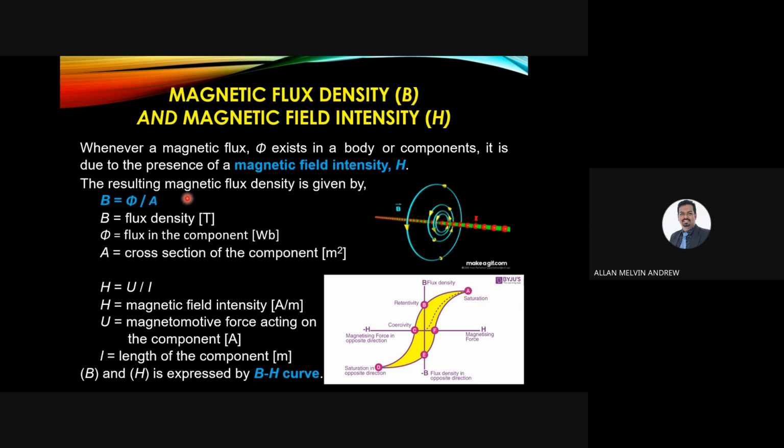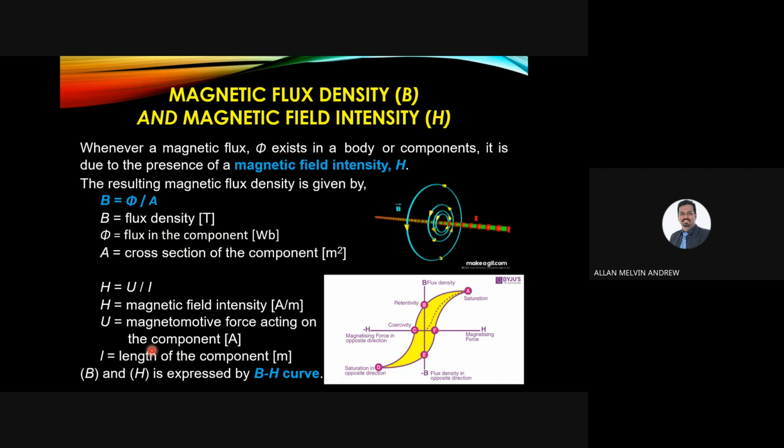The resulting magnetic flux density is given by this formula, which we call the B field. B equals phi over A. Phi is the flux in the component, so how many lines are in the magnetic field, that is what we are interested in, and A is the area covered by the magnetic field.